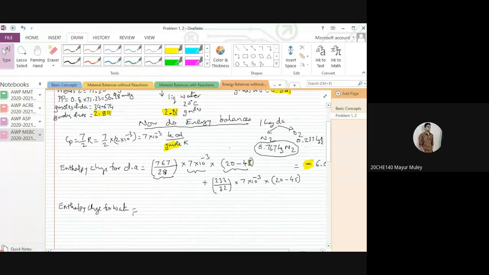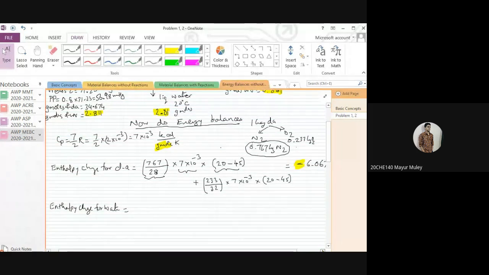I calculated the latent heat of vaporization at 45 degrees Celsius. So lambda at 45 degrees centigrade is 540 plus 0.55 multiplied by 100 minus 45, which was 570.25 kilocalories per kg.